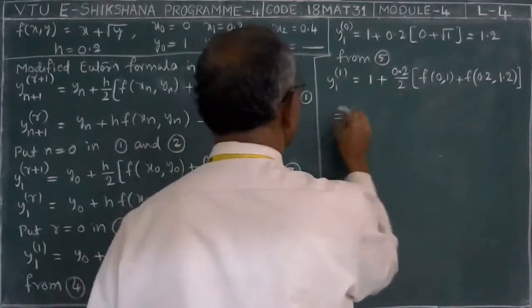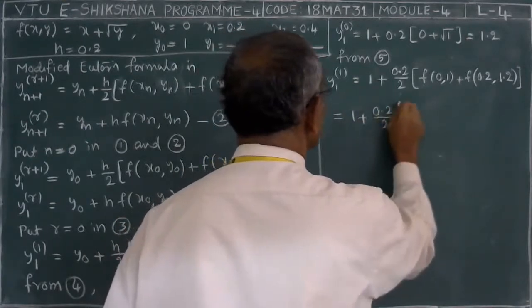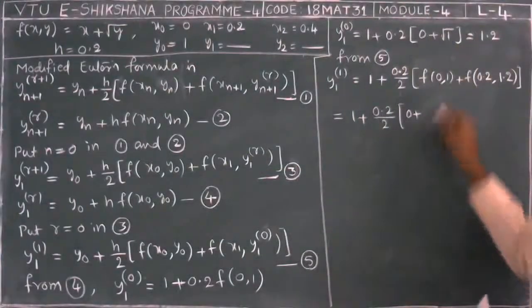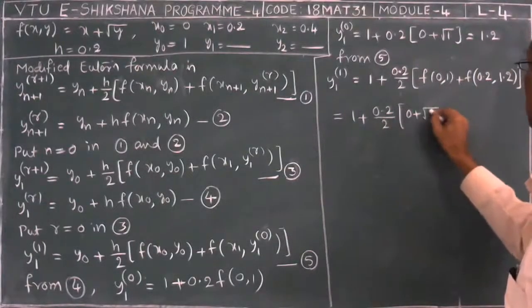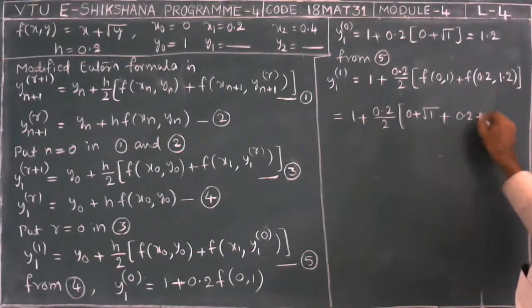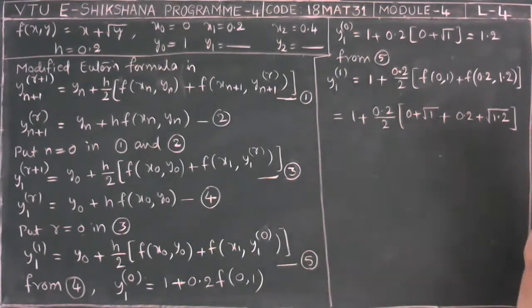So this is equal to 1 plus 0.2 divided by 2 into 0 plus root 1 plus, here x is 0.2, plus square root of 1.2.